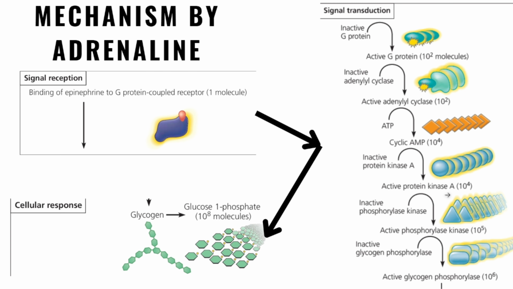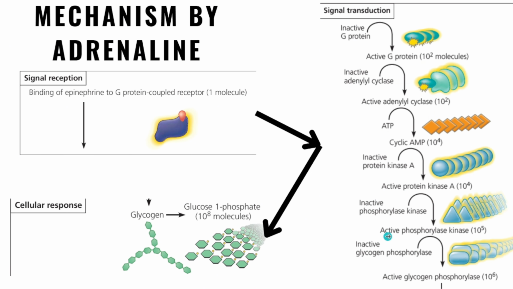The most important terms are inactivated and activated. You need to say cyclic AMP acts as second messenger, activating inactivated protein kinase A, becoming activated protein kinase A. After that, protein kinase A activates inactivated phosphorylase kinase to become activated phosphorylase kinase.